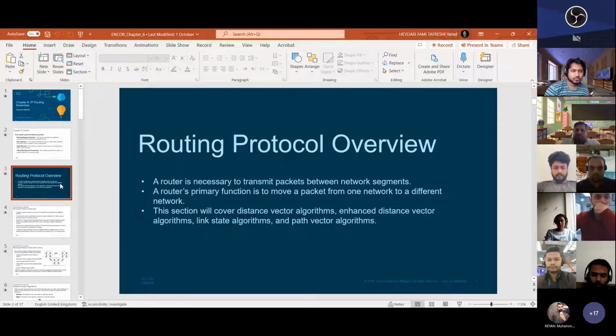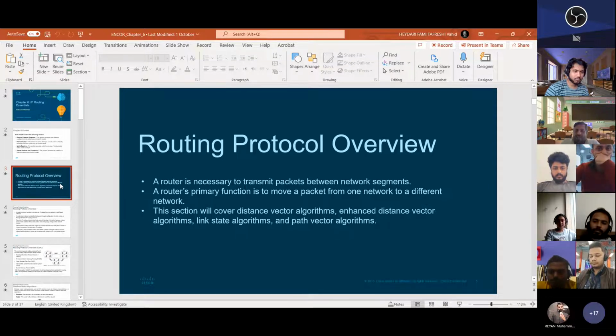We have different routing protocols. They are categorized, from different viewpoints, into different categories. Here, we're going to talk about what we know as distance vector routing protocols, as well as link state routing protocols. You have seen distance vector and link state previously as well. Another category that we have is path vector.